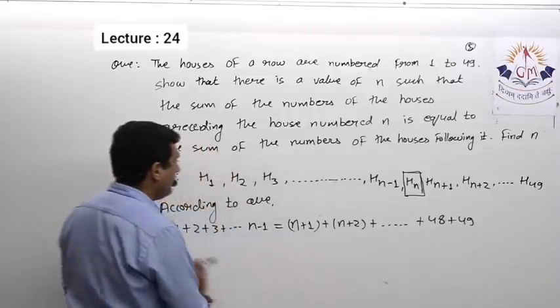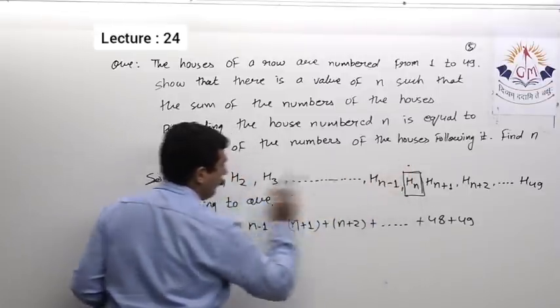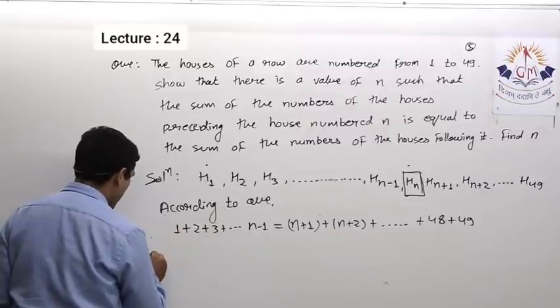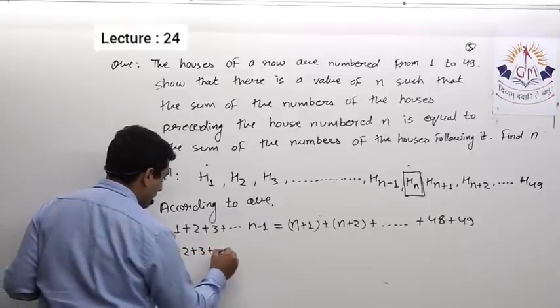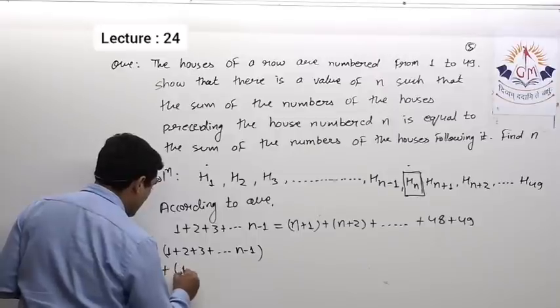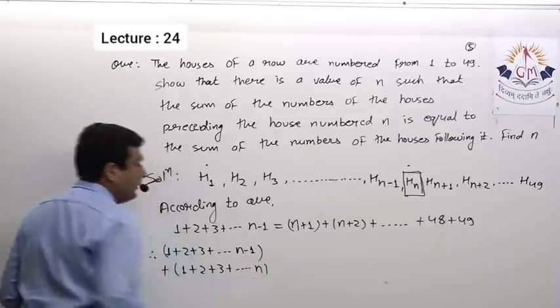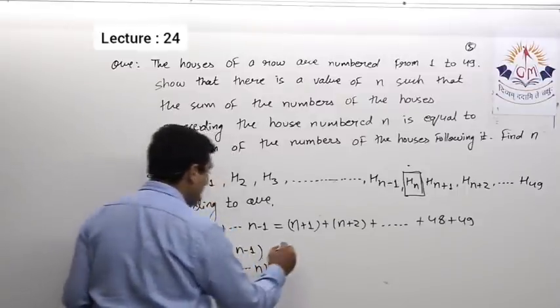So now what we will do, see, if I add 1 to n on both sides, then what I will get? I am writing this 1 2 3 up to n minus 1 as it is, and I am adding 1 plus 2 plus 3 up to n on the left hand side as well as on the right hand side.